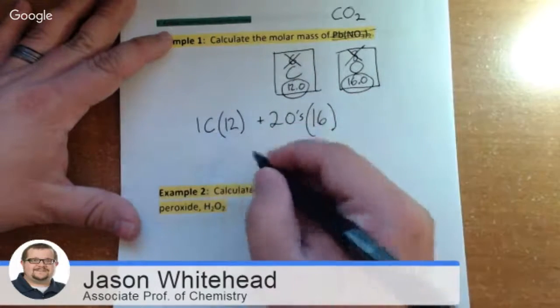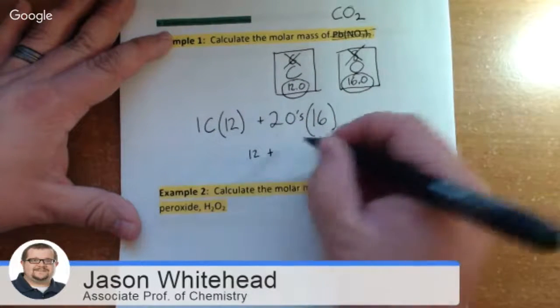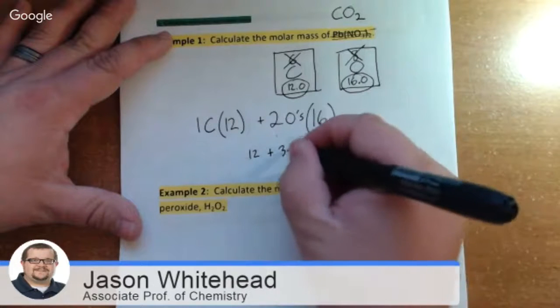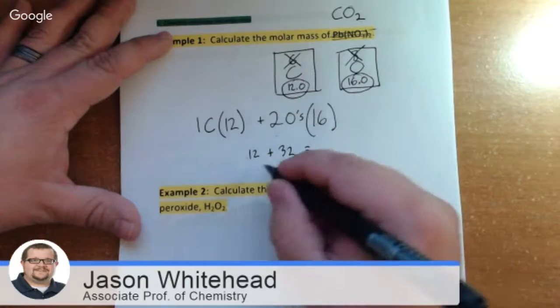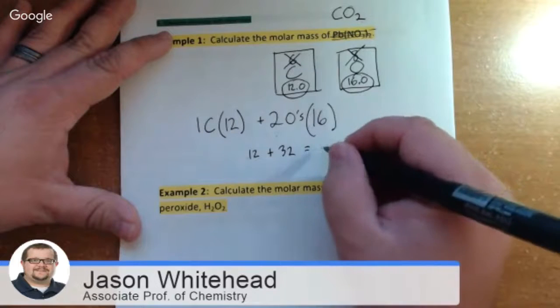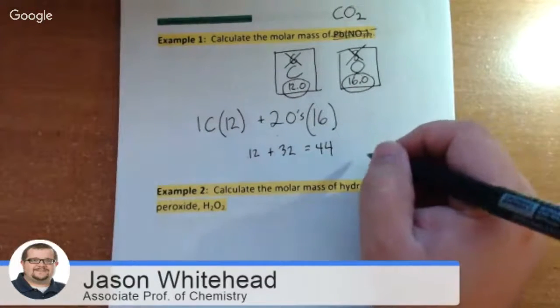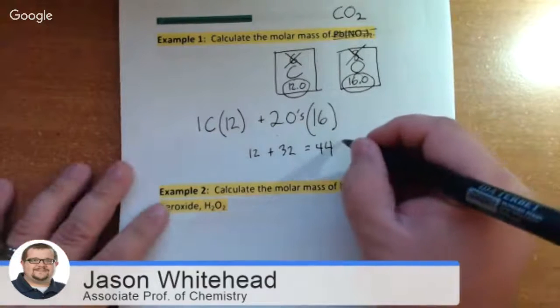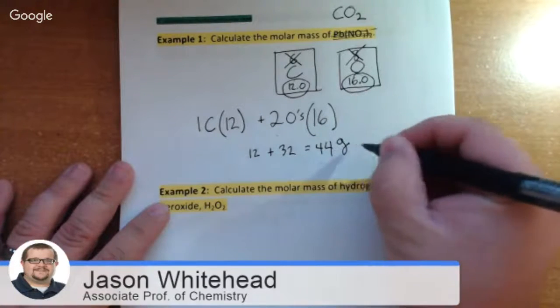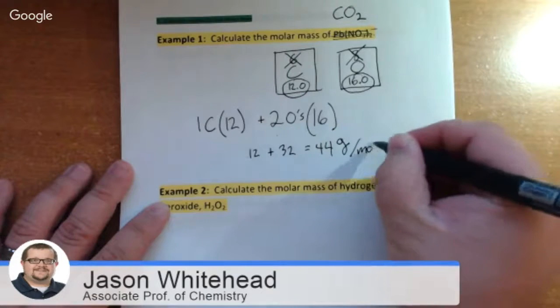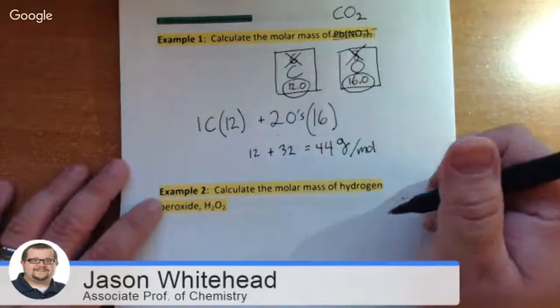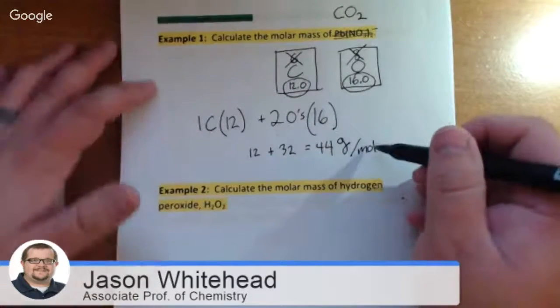So 1 times 12 plus 2 times 16, which is 32. You add it all up, 12 plus 32 gives me a total of 44. And the units, when we're doing a molar mass, are going to be the number of grams that show up in a mole of the substance. That's why it's the molar mass. Mass in grams for every 1 mole.